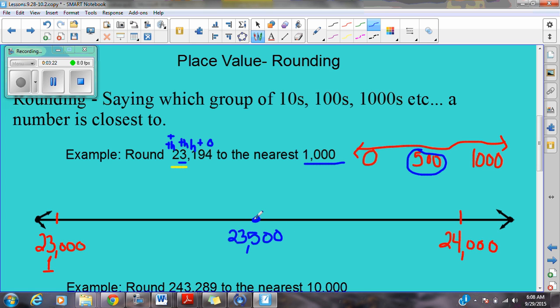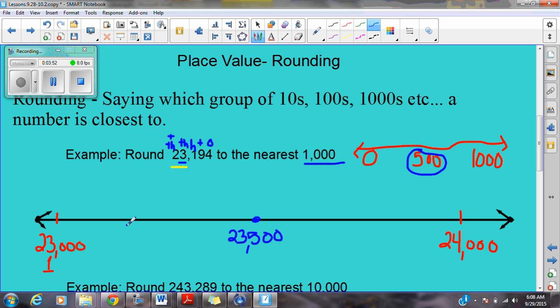And now I can properly place 23,194 on the number line. I just have to look at my midpoint. Is it less than? Everything we've learned so far is coming into play: adding, comparing, all of those things. Or is it greater than 23,500? Well, when I look at this, I see that it has 23,000 just like this number, but it only has 100, which makes it less than 23,500.